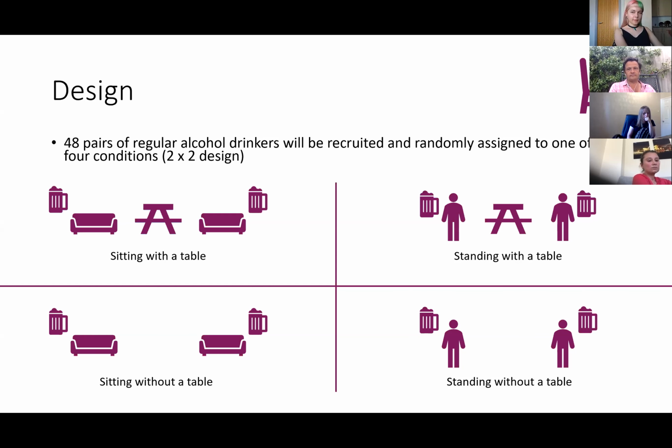Can I quickly jump in with my question now? Sorry. Yeah. I was just wondering, when we were talking about the alcohol choice study, the standing sitting one, if you are taking into account anywhere how many different types of alcohol they like.